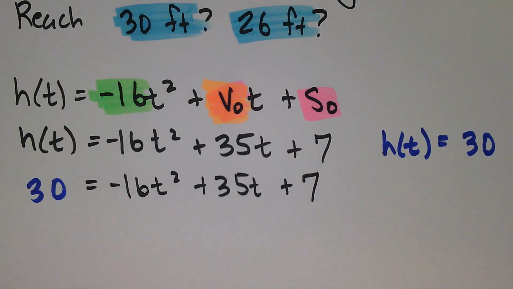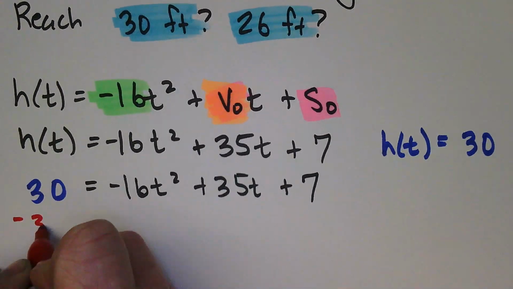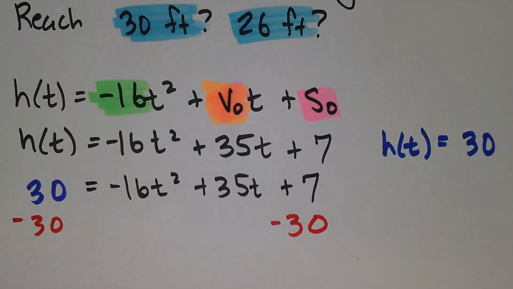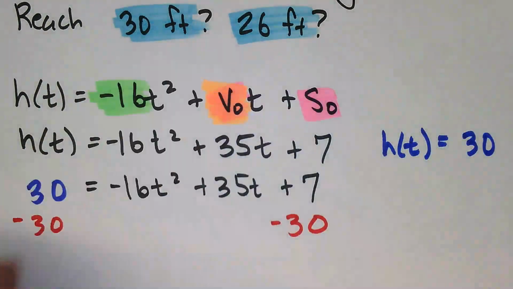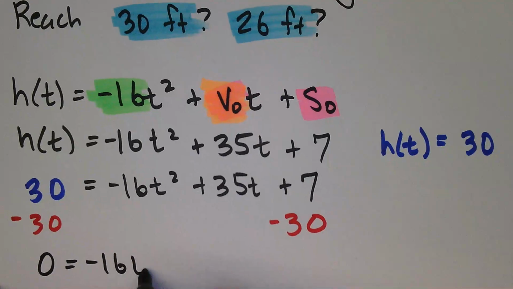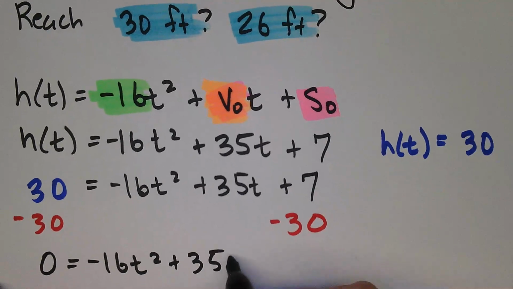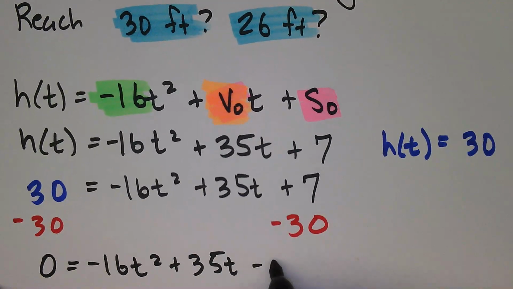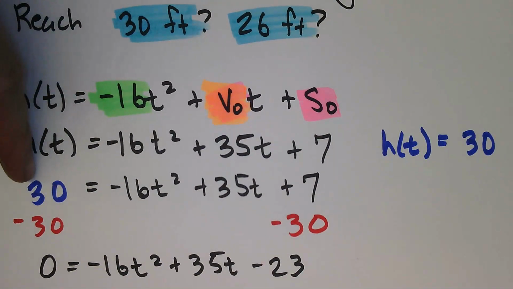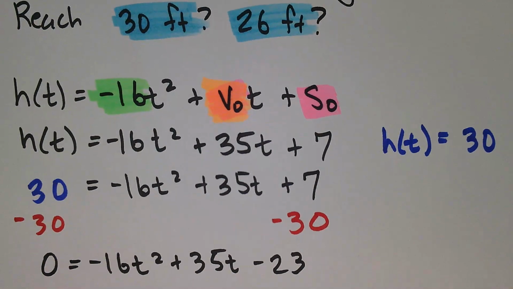So that's the idea we're going to use here. We're going to set this equal to 0 by subtracting 30 from both sides. The 30 came from the fact that they want to know if 30 feet would work. This gives us an equation set equal to 0, with a constant of 7 minus 30, which is negative 23. We want to find out if this equation, with that vertical velocity and initial height, will reach a height of 30. Does this have real solutions?